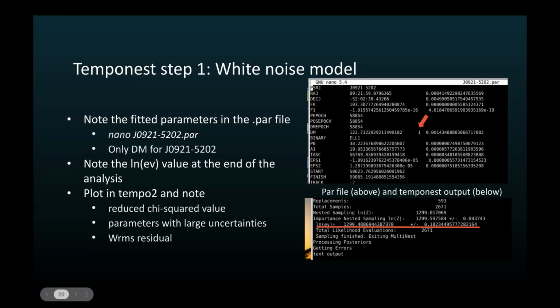Okay, and the other thing to note would be any parameters with large uncertainties. And once we have a noise model present, parameters with large uncertainties would indicate that perhaps we're fitting for those parameters when we shouldn't have, because they were confused with some noise term, or perhaps it means that they are just very correlated with the noise.